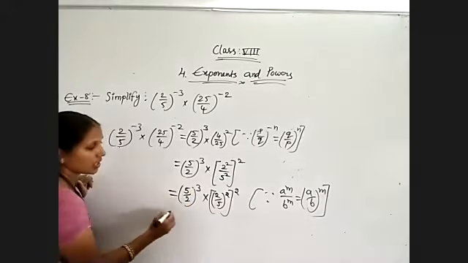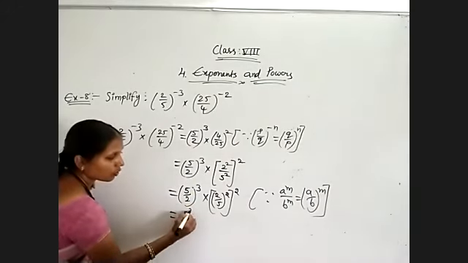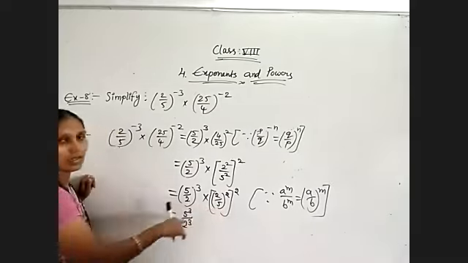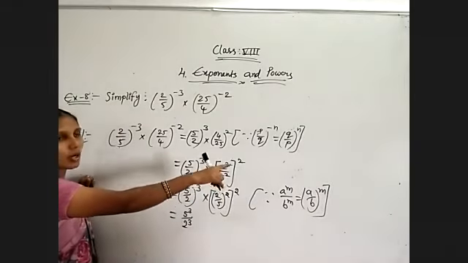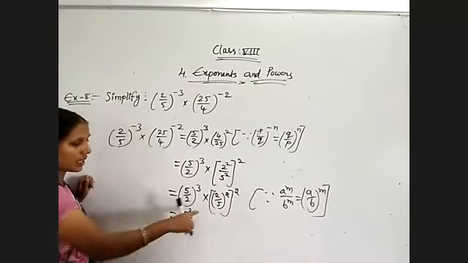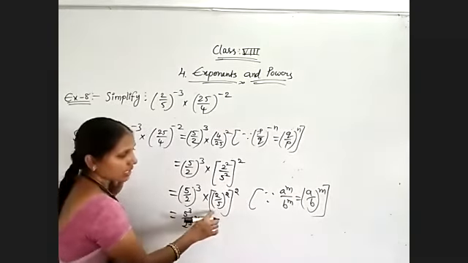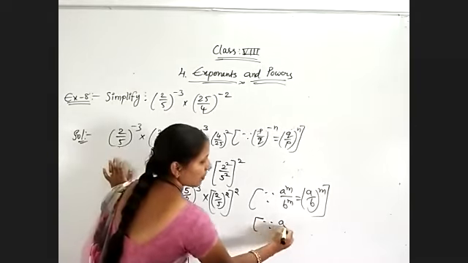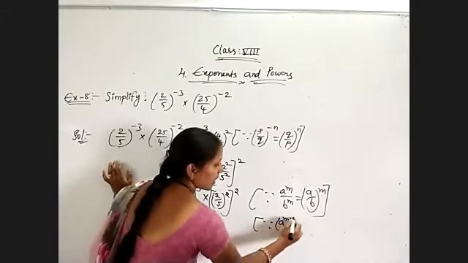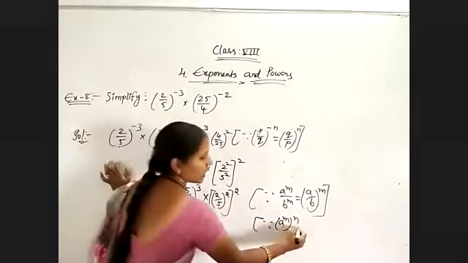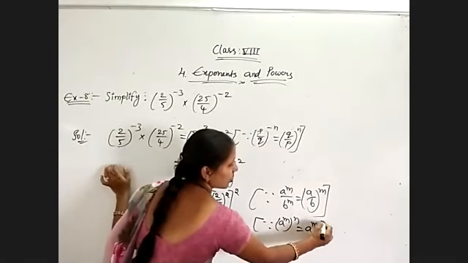Reversely we must use. So that means here it will become 5 cube by 2 cube, same formula. That is a by b whole power m is equal to a power m by b power m. Now this is in which form? a power m whole power n. Exponent to exponent, that is nothing but a to the power of m into n.